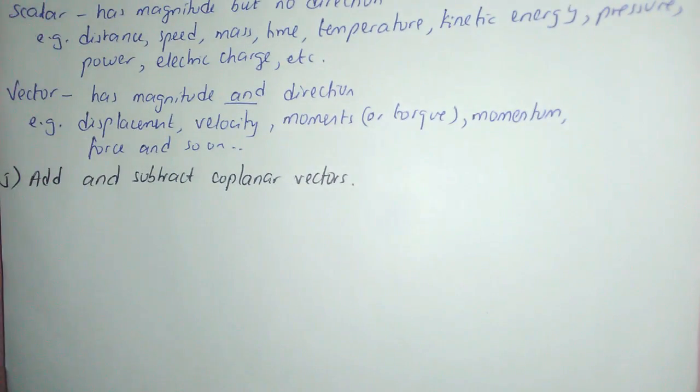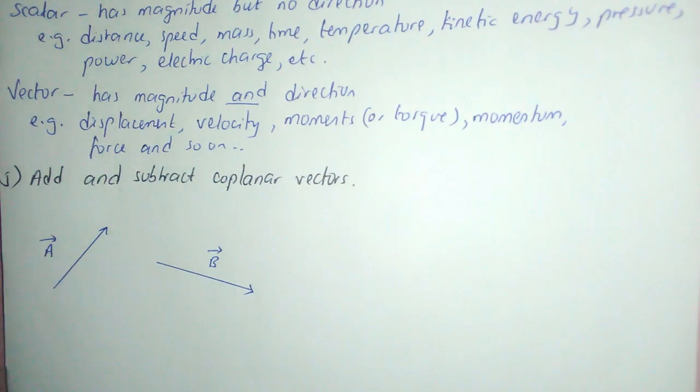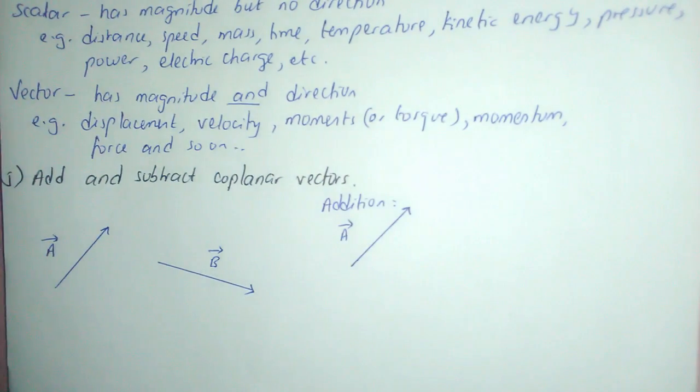In part J of the learning outcome, we're going to be talking about how we add and subtract coplanar vectors. Let's take this arrow to be vector A and this second arrow to be vector B. Now let's add both of these vectors.